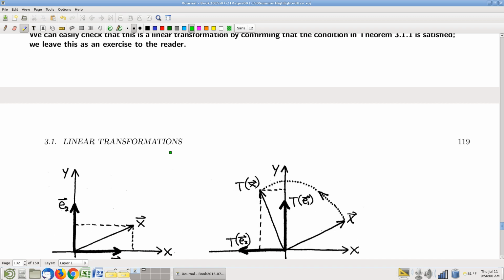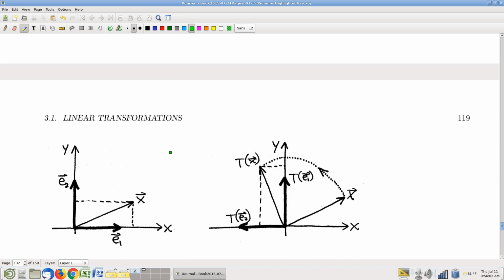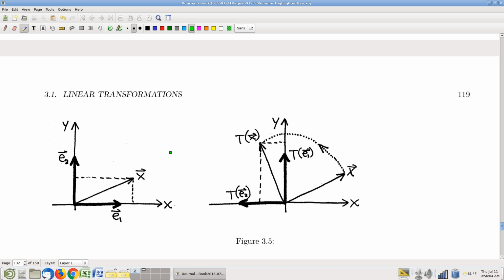Turns out we can find a formula for what this does. Not hard to confirm that the first standard basis vector has as its image that, and the second standard basis vector has as its image that. So if I'm interested in some linear combination of E1 and E2, then the same linear combination of the images is the output value, right?